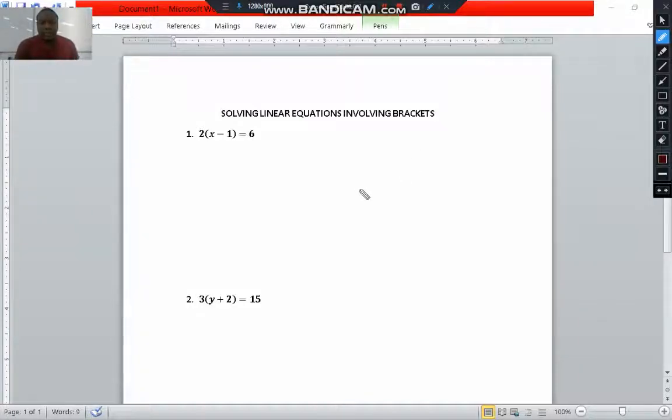Okay, so Ethan, let's look at solving linear equations involving brackets. Yesterday we were solving equations which were maybe something like 2x plus 1 equals 5.